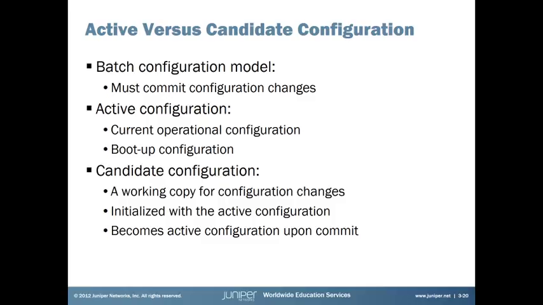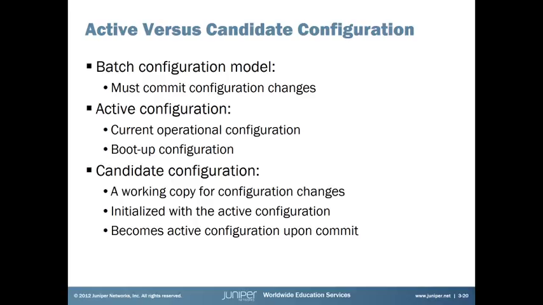When you go to view your configuration to check what you've just typed in, you're viewing the candidate configuration, the one that you are actively working on. So that is a working copy of the running. It becomes the active configuration when you type in commit.